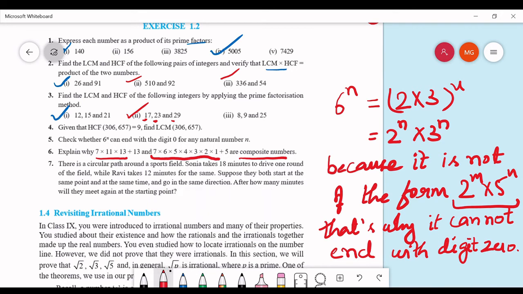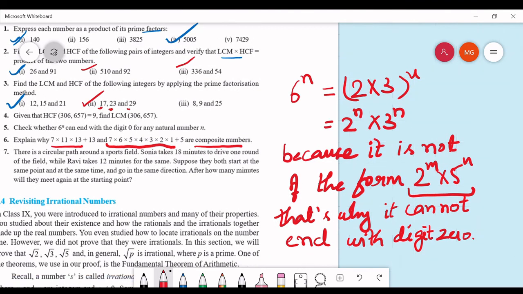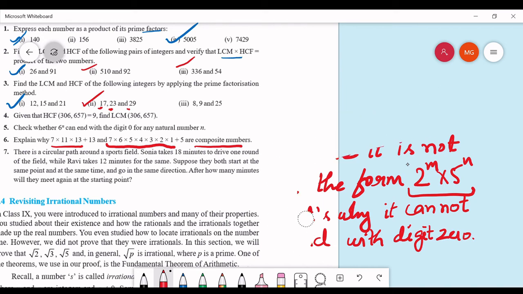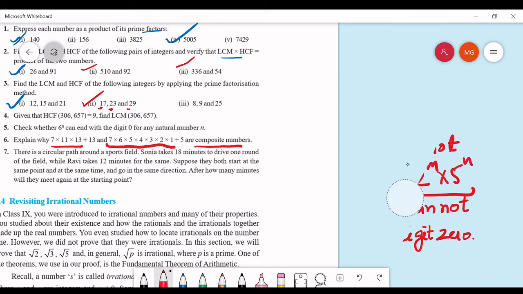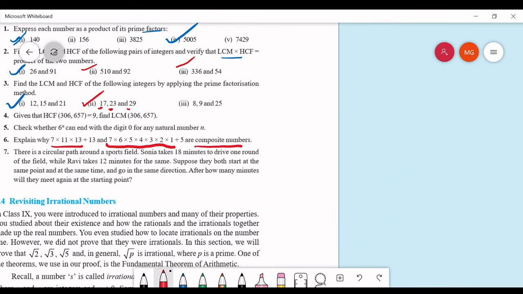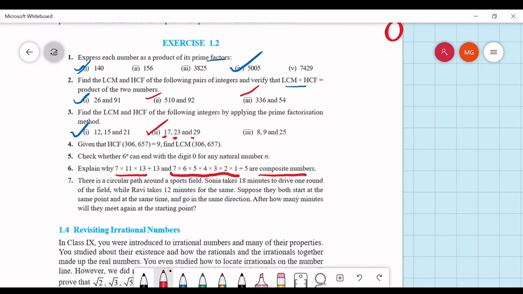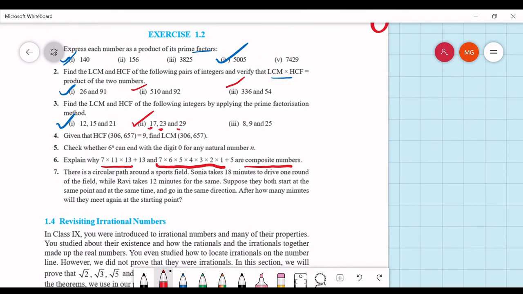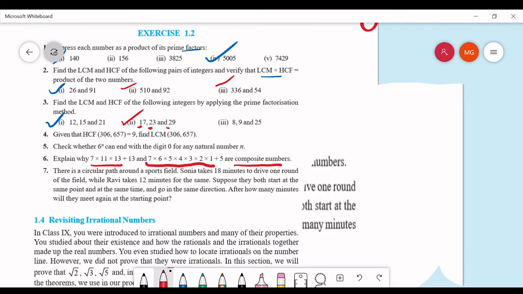I guess not, because I have already discussed in almost every video lecture that I have shared till now what composite numbers and prime numbers are, right? So composite numbers have more than 2 factors. So we'll check it for these two numbers that have been provided here.